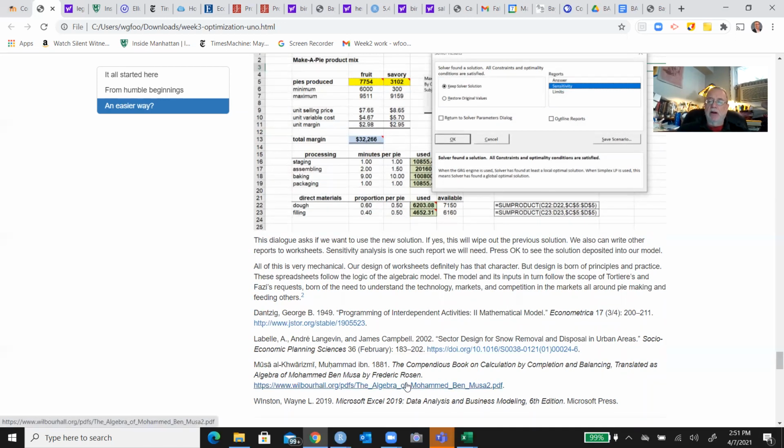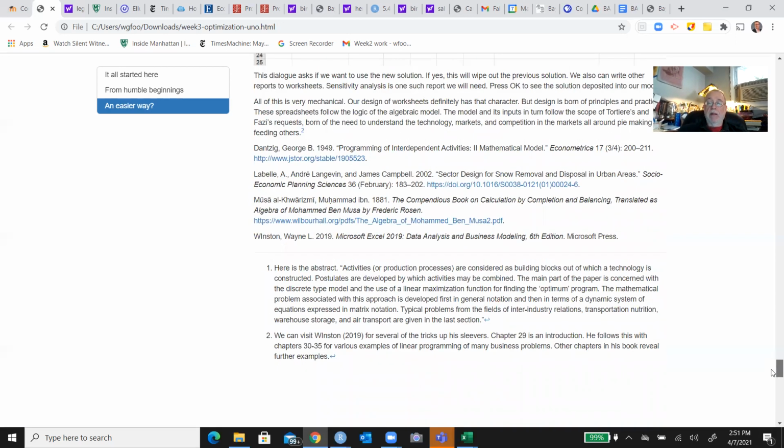Here's the algebra of Muhammad Ibn Musa al-Khwarizmi. It's 1881, but he actually did this around, take 1,000 years off, 830, and we have Wayne Winston. And this is George Dantzig's abstract. So you can see it's everything we're doing.